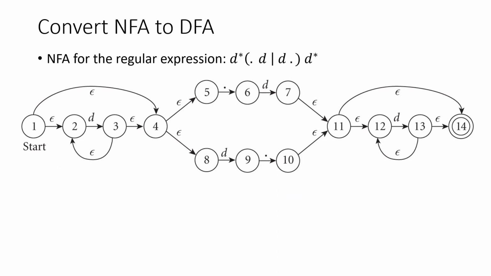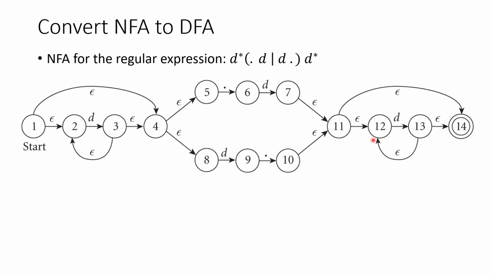Here is another example showing the approach mentioned in the previous slide. In this example, we have the NFA that was converted from this regular expression, which generates decimal numbers. This NFA has 14 states, so if we list all the possible states of the equivalent DFA using the subset construction, we could end up with 2 to the 14, or roughly 16,000 states.